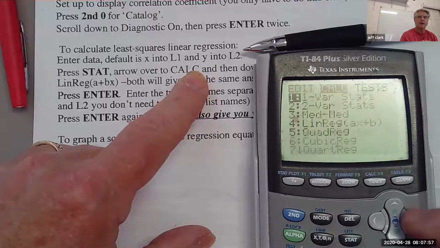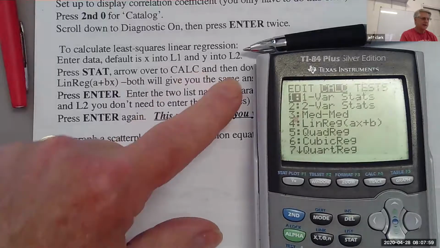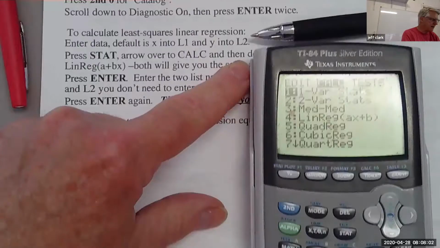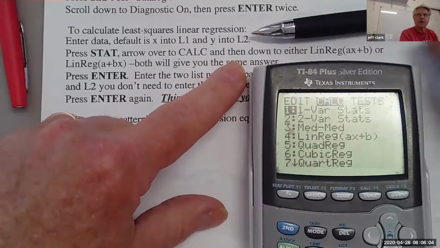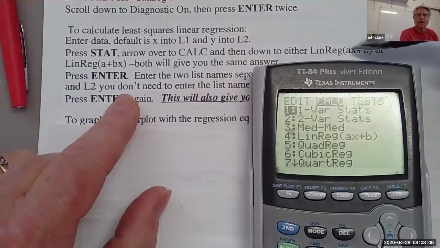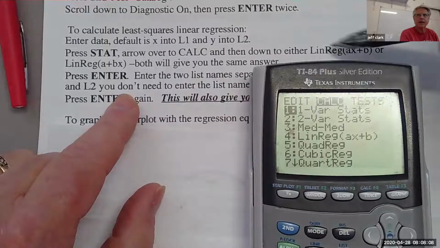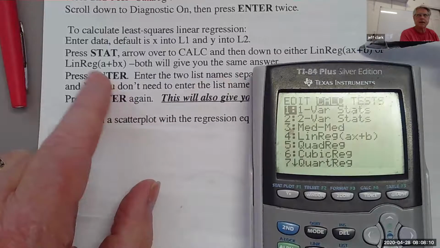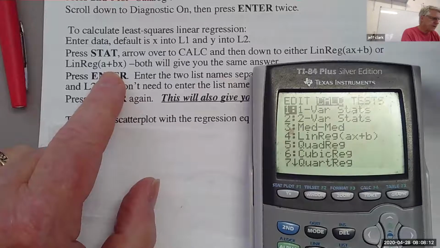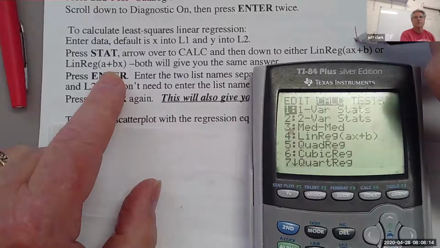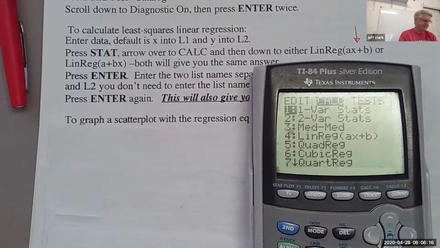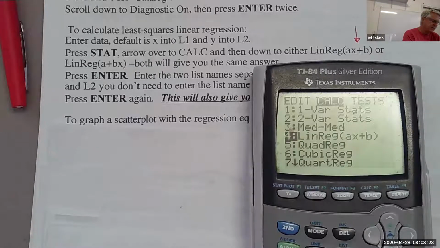And then I'm going to go down to LinReg, that's linear regression, either the ax plus b or the a plus bx. I'm going to choose this one, and there's a reason for that coming up pretty soon. So there it is, number 4. It's the closest one anyway, but I'm going to choose it. There's a reason behind that.